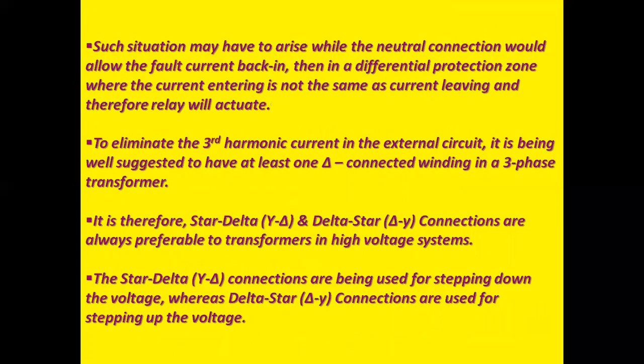Then in a differential protection zone, the current entering is not the same as the current leaving, and therefore the relay will actuate. To eliminate the third harmonic current in the external circuit, it is well suggested to have at least one delta connected winding in a three-phase transformer.